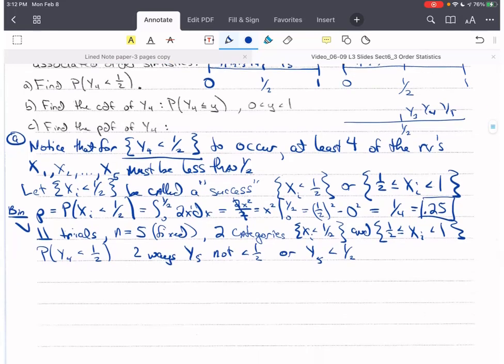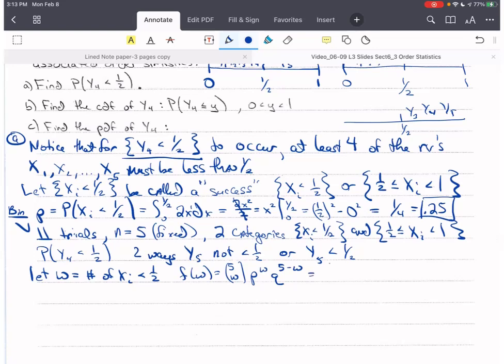Okay, so there's two possibilities. I think the easiest way to solve this is to let w equal the number of xi less than 1/2. And then we can write that f of w is equal to n, which is 5, choose w, p to the w, q to the 5 minus w, the binomial distribution formula.